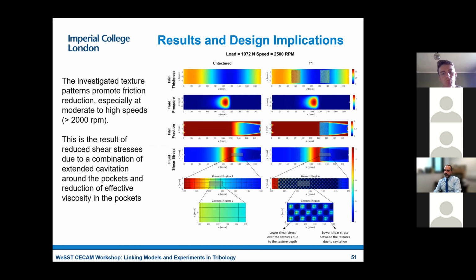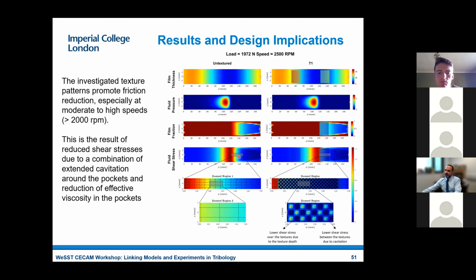And the last slide shows you why we think texture provides the benefit that you see in the experiment. And this is, again, showing you a comparison in the film thickness, the pressure, the film fraction, and the shear stress at the surface for this system. This is without the texture, and this is with the texture. One of the most important differences is here.